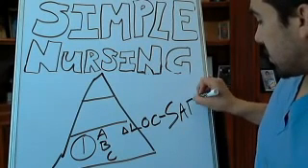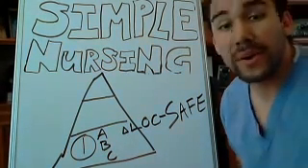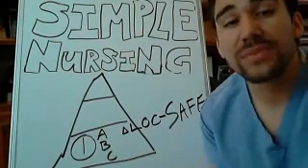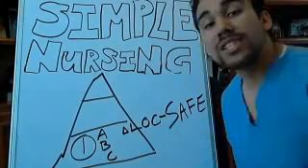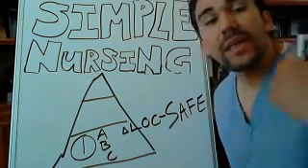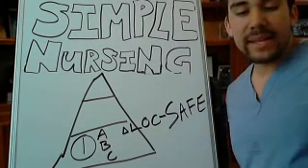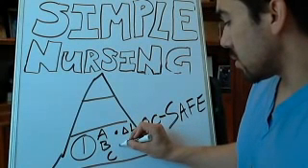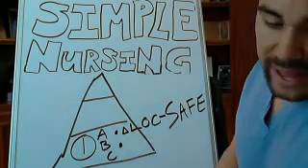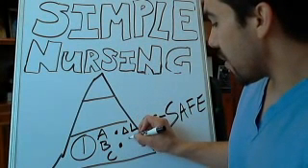So safety, that's huge for priority, because if your patient's going to fall over and hurt themselves with this level of consciousness change, then that is a priority. Some other things in terms of prioritization: you have an infection or a type of sepsis, that becomes a priority.